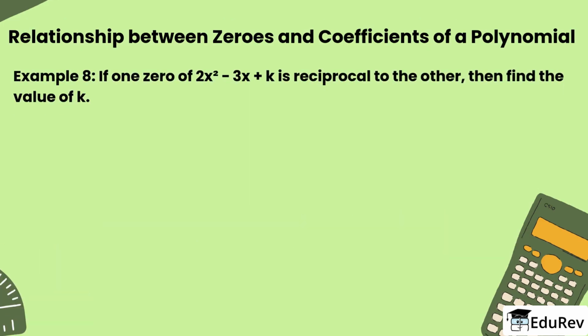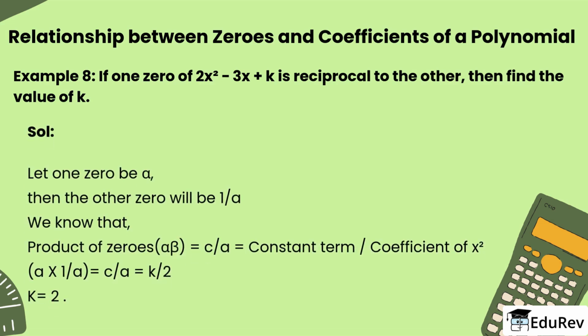The given quadratic equation is 2x square minus 3x plus k. If one zero of the equation is reciprocal to the other, then let one zero be alpha and the other zero will be 1 by alpha.